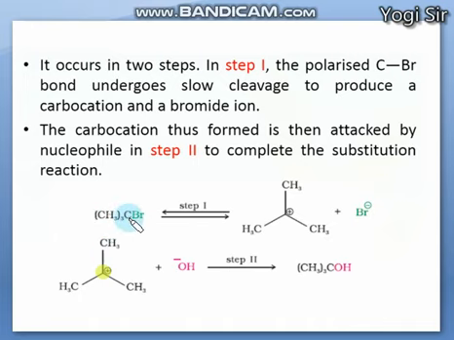This compound has a tertiary carbon, so this reaction is more effective with tertiary, because we know that a tertiary carbocation is more stable than a primary one. So you can conclude that tertiary alkyl halides selectively undergo SN1, while primary selectively undergo the SN2 mechanism. So that is one of the major differences.